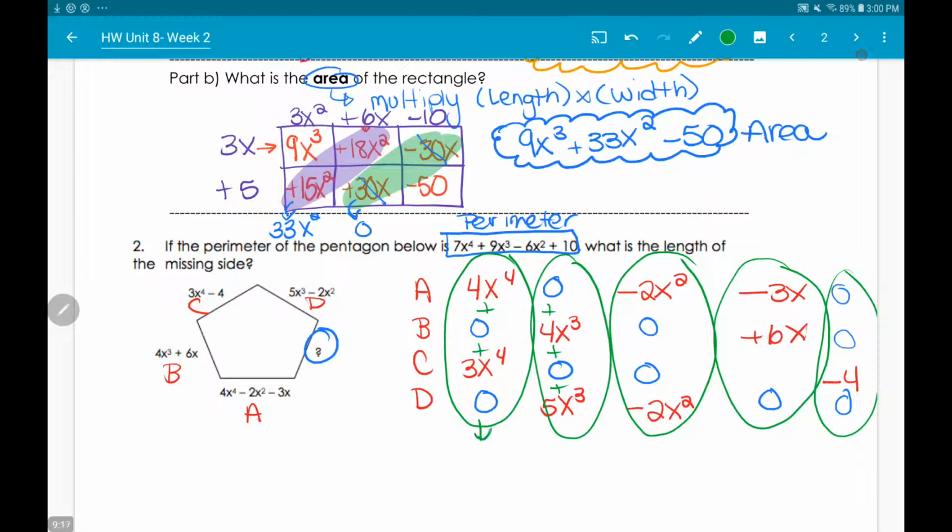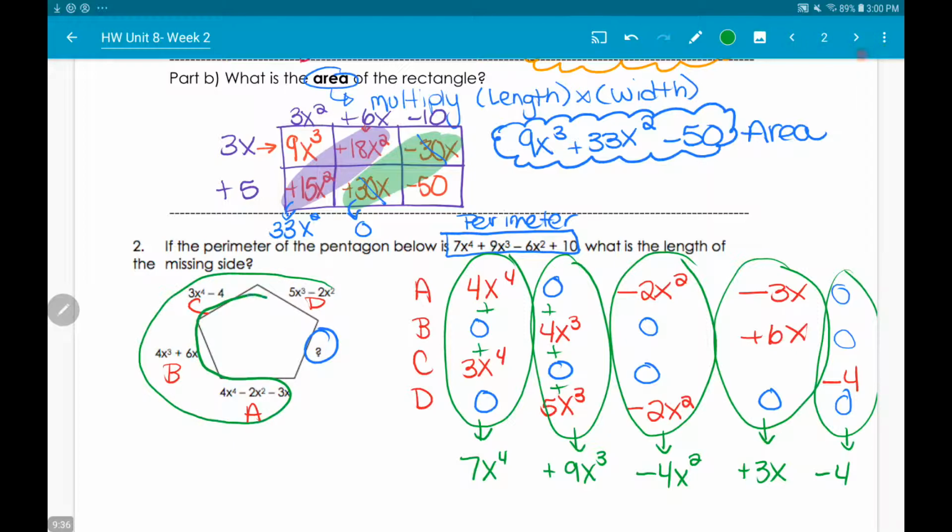Okay, so this gets me 7x to the 4th, 9x cubed, negative 4x squared, 3x, and negative 4.